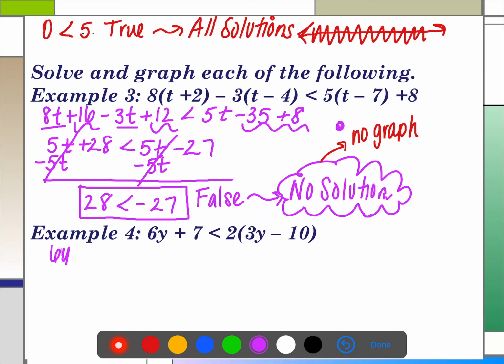All right, last example for regular inequalities, and then we'll get into what does compound mean. So subtract, move my variable, they're the same.